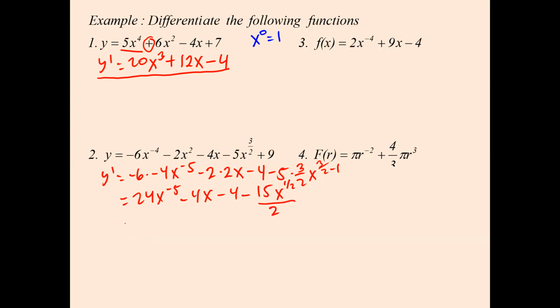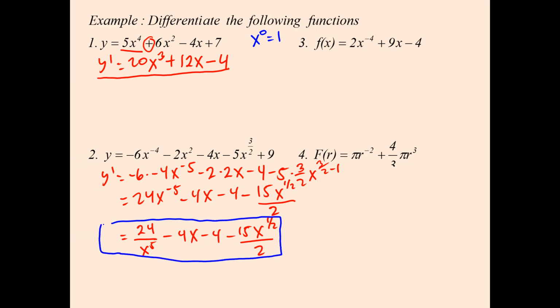Okay? So, meron tayong negative exponent. So, 24 over x raised to 5 minus 4x minus 4 minus 15x raised to 1 half over 2. Okay, so yan yung sagot natin for number 2. Okay, so ito yung sagot natin.